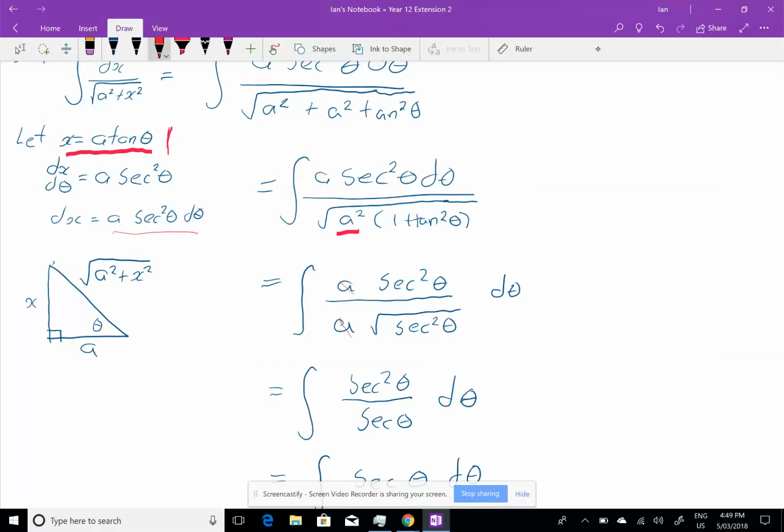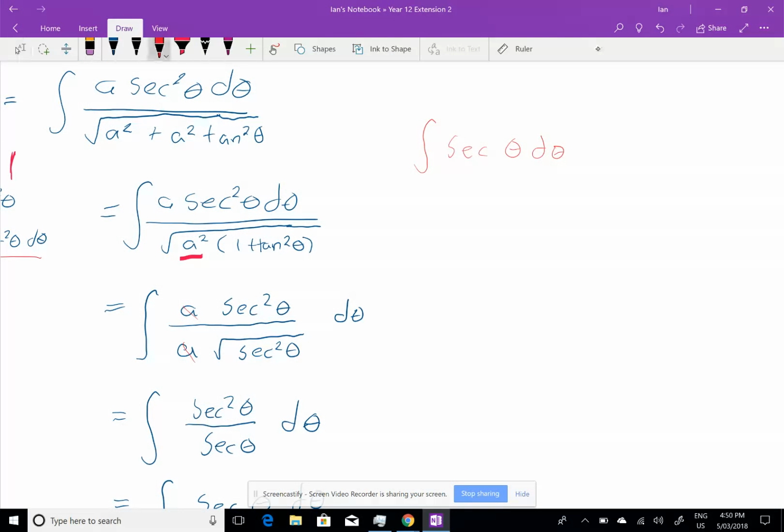So, the integral of sec theta. We've done this before, so if you've seen that, you know this. If you know this, you can just fast forward. But I want to go over it because you need to have this as a must-have.